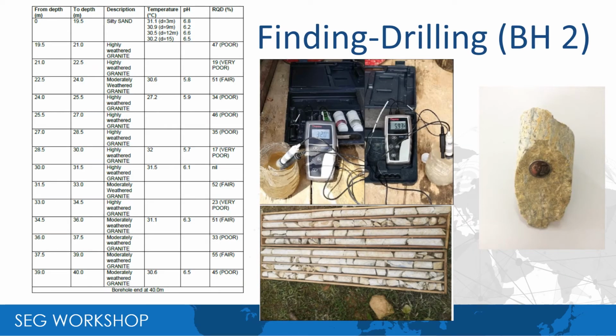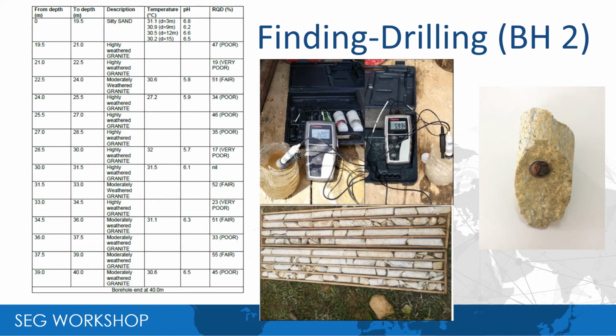Alright, this is the borehole number 2 summary of the drilling log. Okay, so from 0 to 19.5 is soil material, and then we start to capture the granite body. However, basically it is more or less highly weathered until moderately weathered.